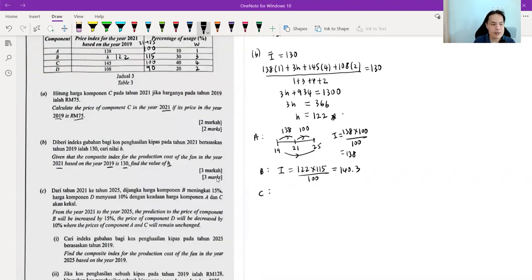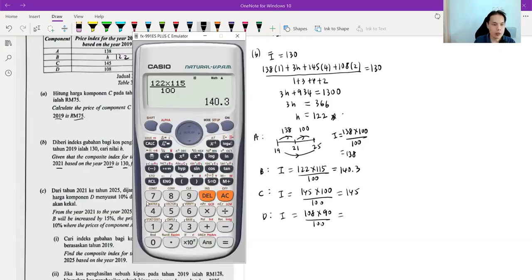Now, for component C, the index is now 145 times 100, because it's still unchanged, over 100, still 145. For component D, your index is 108 times 90 over 100. Okay, let's count. 108 times 90 over 100, it gives us 97.2.